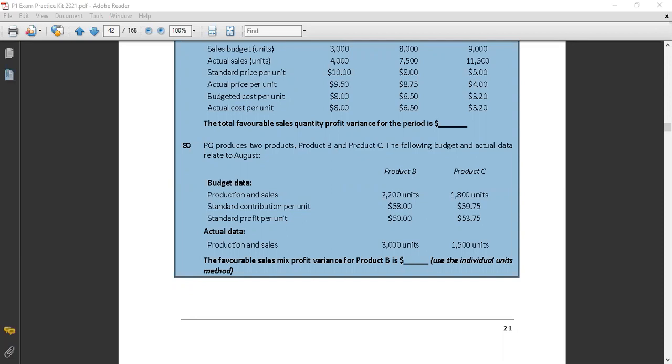The question is asking us about mixed variance. We have not done even one single mixed variance also. What is the concept of mix? The concept of mix is when it is not just one product. In case of cost variances, the mix variance would be a combination of inputs.